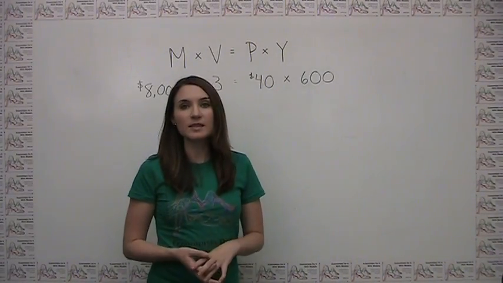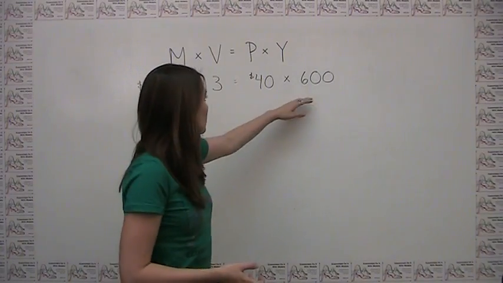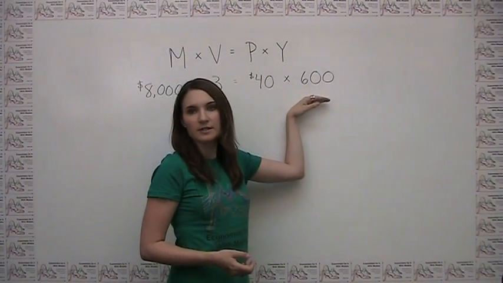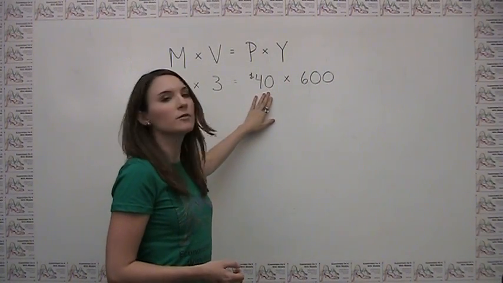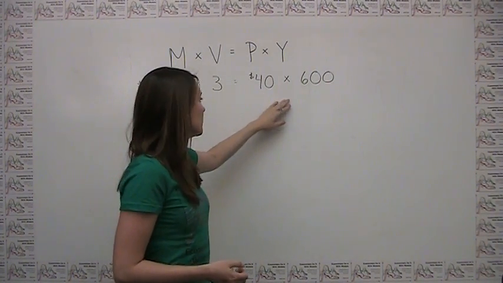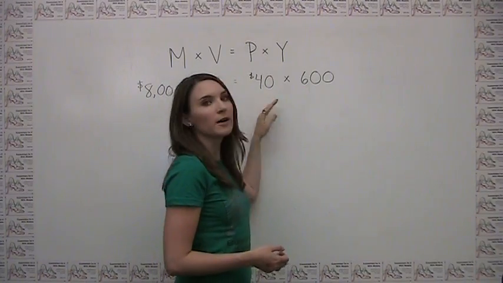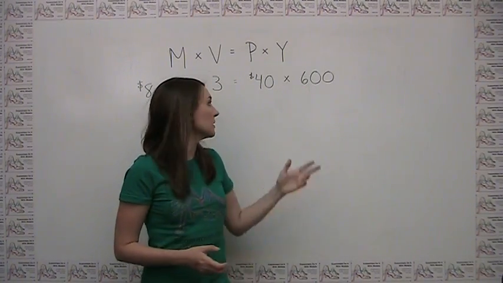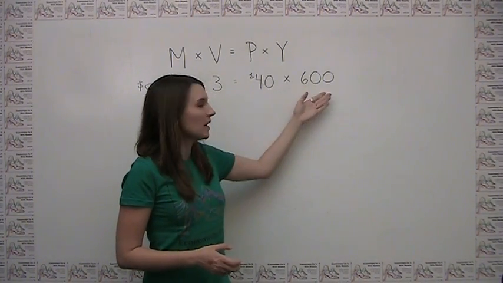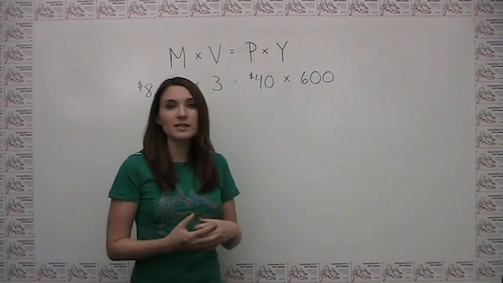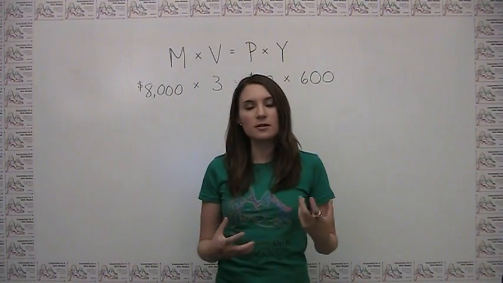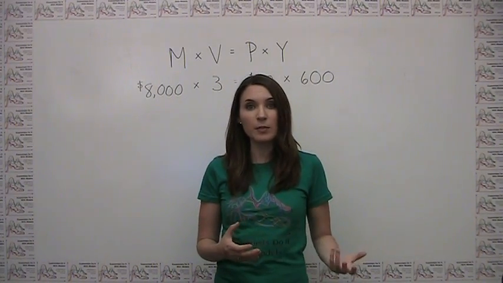As an example, let's think about a very simple economy which produces 600 units of output and sells each of those 600 units for $40 each. We can see here that the total dollar value of output in this simple economy is just 40 times 600, or $24,000. So we need to have $24,000 available in order to pay for this output.